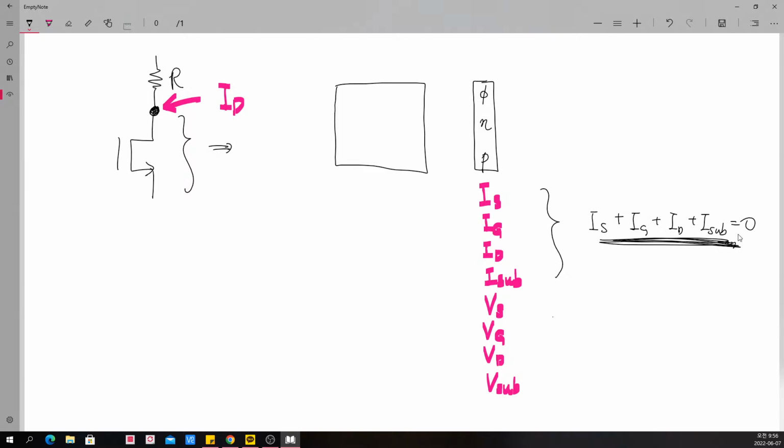And also what you can have is, okay, each of them has its own form. Now you can introduce these equations. For example, how can you calculate the source current? Then source current is given by the source terminal side integration of your carrier current density and displacement current density.